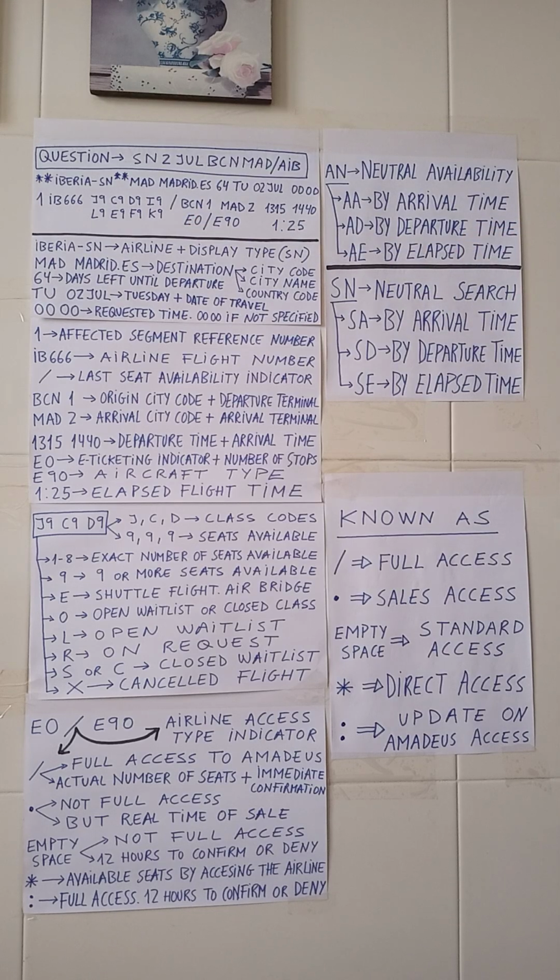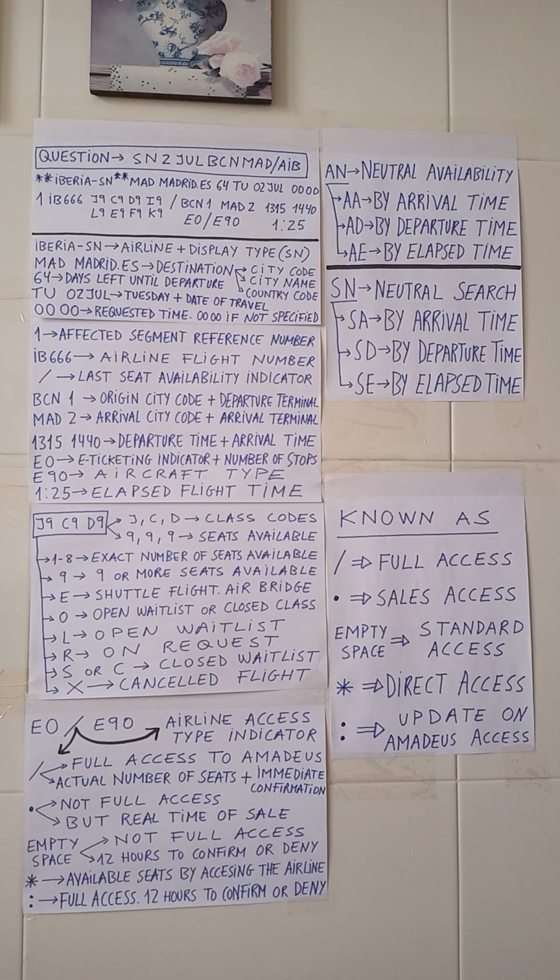E0 is the indicator that tells us that it is an electronic ticket using the letter E and that it does not have stops using the number 0.